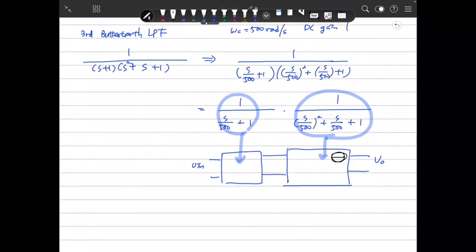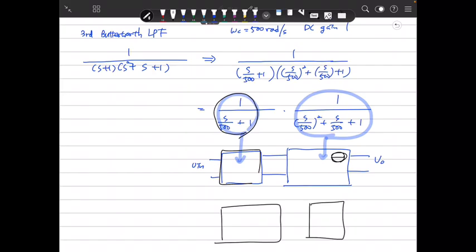Because this impedance is 0, we need to change this and this. What is better? If we use this circuit, then what should we do? The first order circuit's output impedance should be 0, or the second order filter's input impedance should be infinity. Then it's okay.